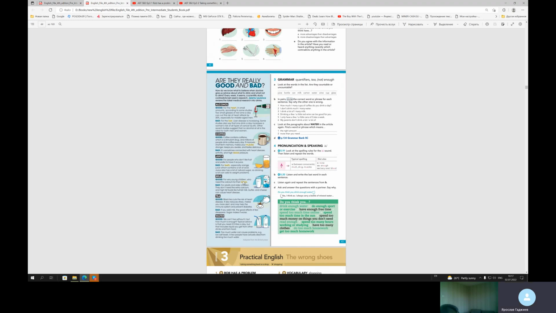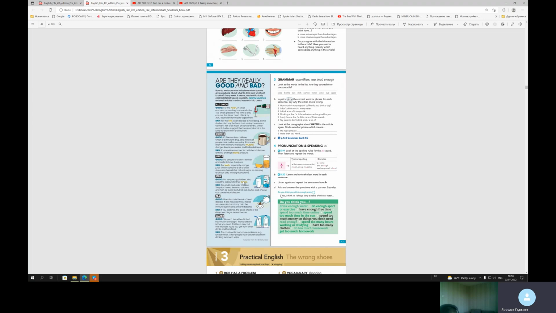Not a noun. It's an adverb that describes the quantity of something, the number of something.